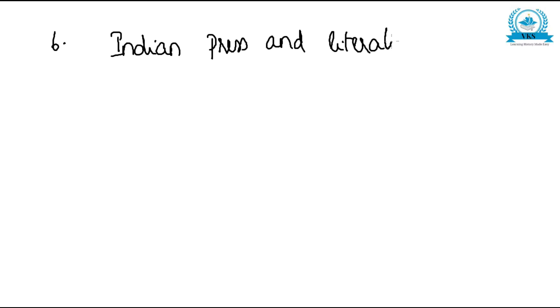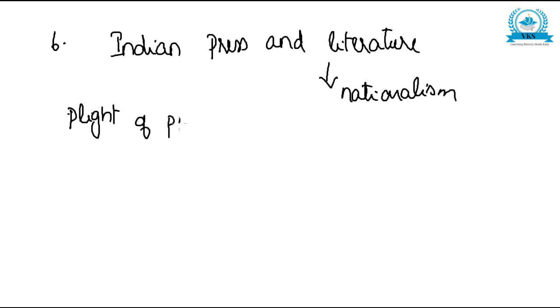Now the last reason, the sixth reason for the rise of Indian nationalism, was that Indian press and literature inspired nationalism among the Indians. The plight of the people, the problems caused by British rule and administration, made the people realize what was happening.